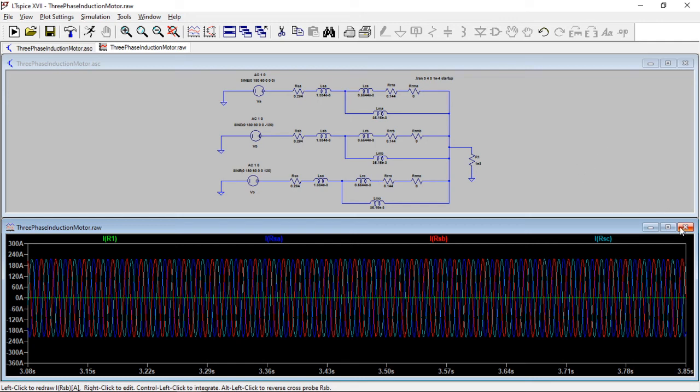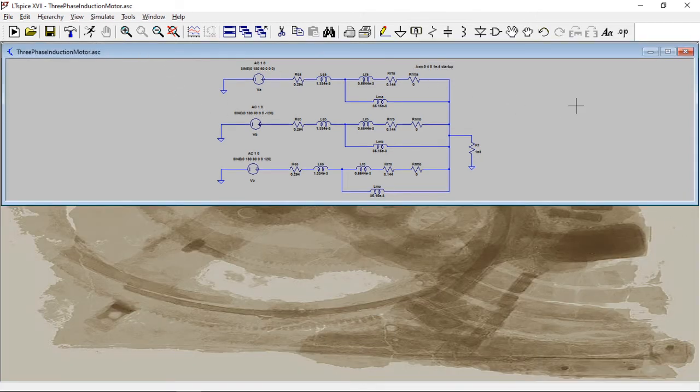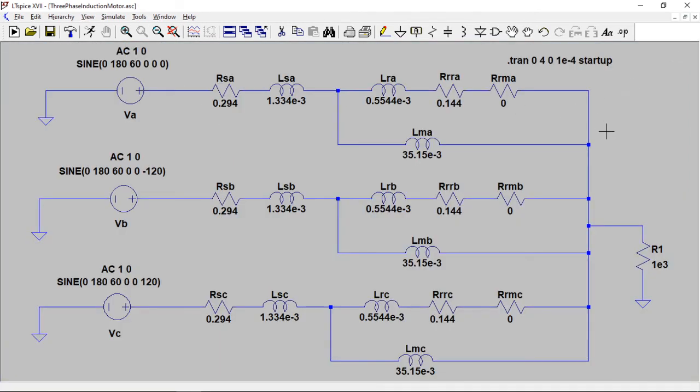So let me just summarize these three videos. Essentially, what we did is we used this model, and let's close this and open this back up. We used this model from the electric machinery book by Fitzgerald, Kingsley and Umans to actually see how a squirrel cage induction motor works.